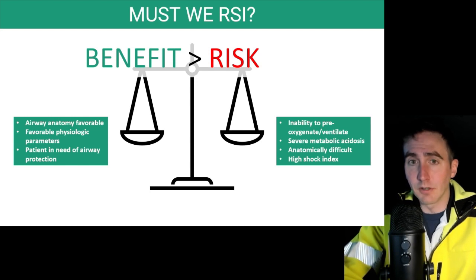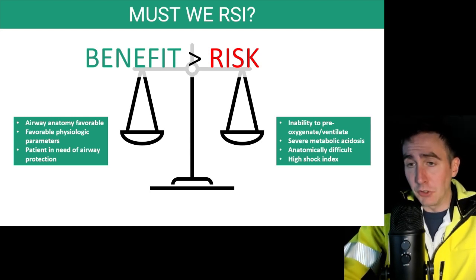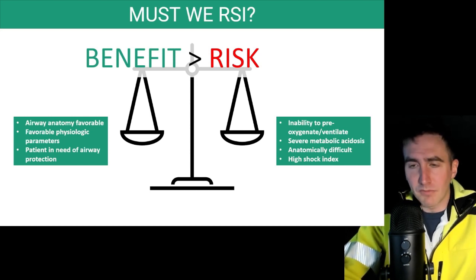So the benefits are if we've got good airway anatomy, if we've got favorable physiologic parameters, if the patient needs it, and then we've covered the risk when there is a great risk. And you might be thinking, well, if the patient needs an airway, they need an airway. Well, that's not really true because, for the past however many years, we've managed the airway pretty adequately.